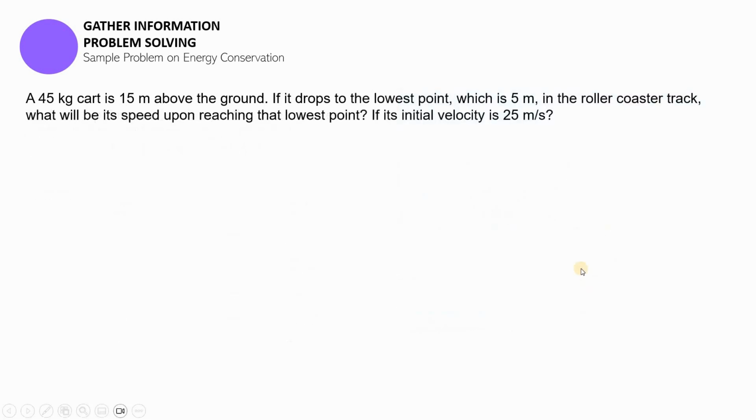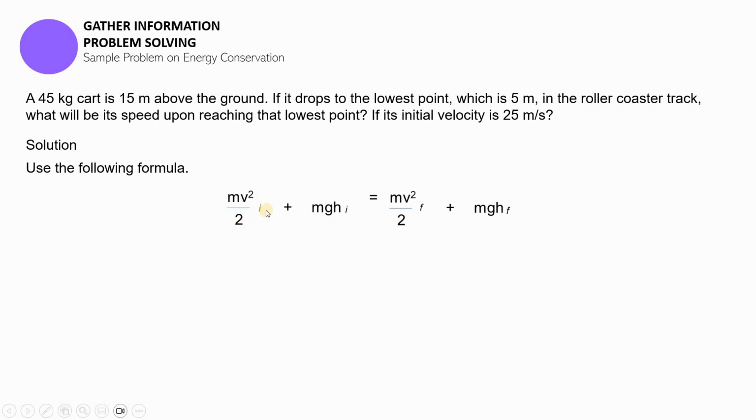The formula for this problem is as follows. The mass is going to be multiplied by the initial v squared divided by 2, and then it's going to be added to the mass multiplied by acceleration due to gravity and the initial height.